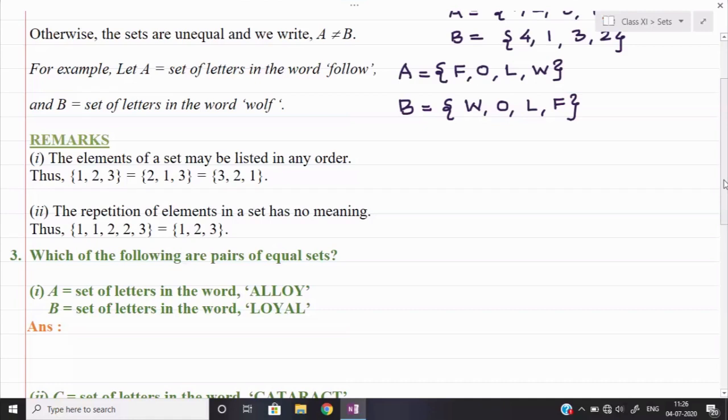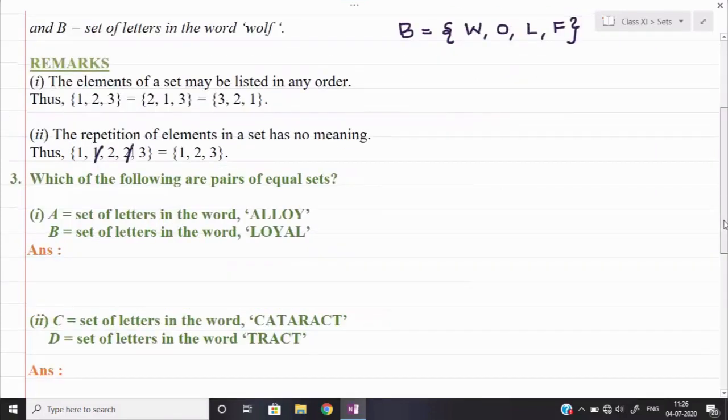So we will say these two sets are equal because repetition we shall ignore. So for example, from this set we shall remove this 1 and this 2, and we'll say yes it contains 1, 2 and 3 and this set also contains 1, 2 and 3. So we can say yes these two sets are equal.